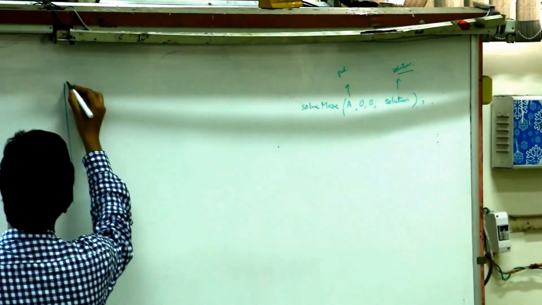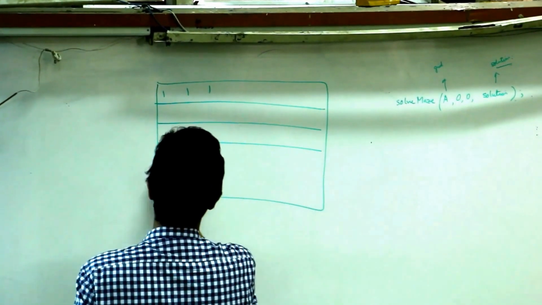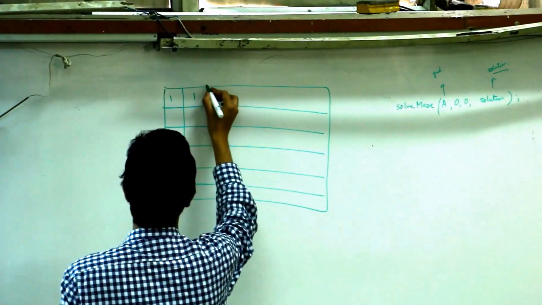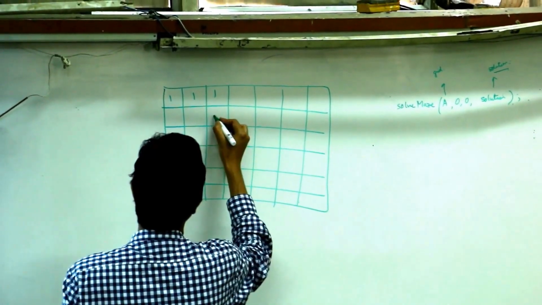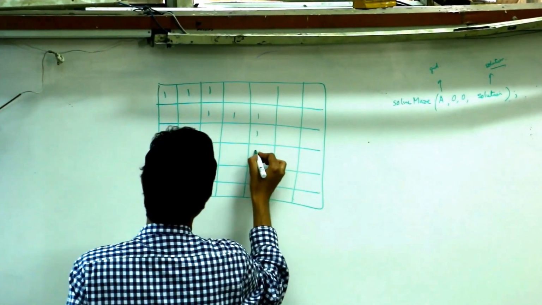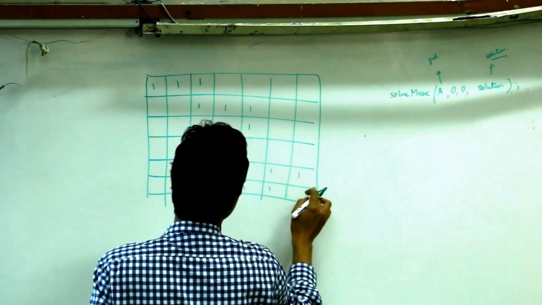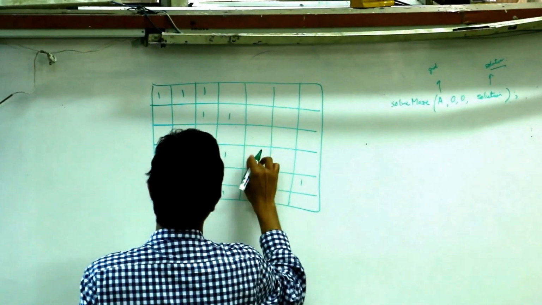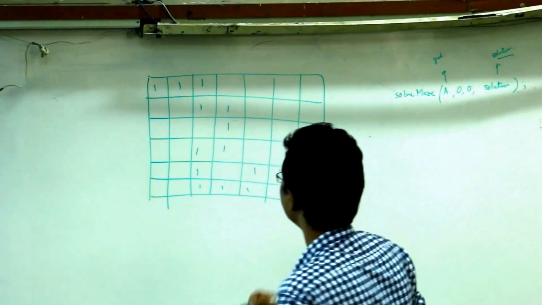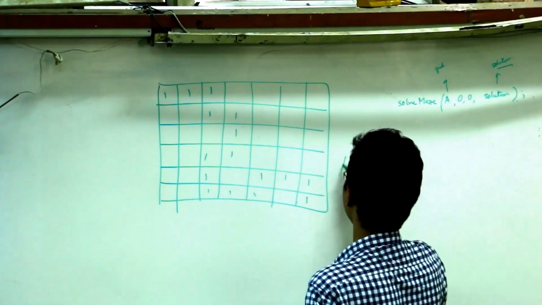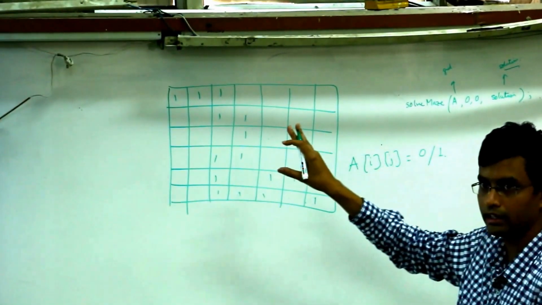Okay, suppose we have this maze, which is this grid A, and Aij is 0 or 1 depending on whether you can visit cell Ij or not.